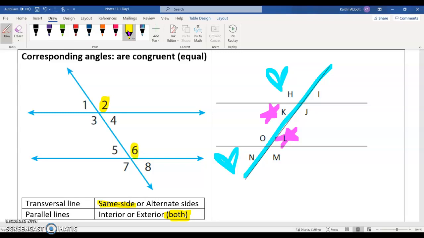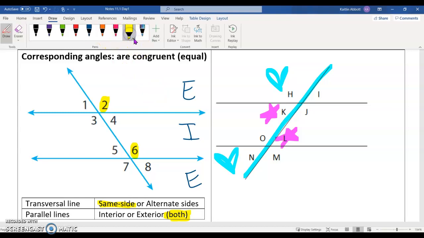They're on the same side of the transversal, but one is in the interior, inside. I should put an E for exterior. Exterior. Okay, so they're on the same side, and one is inside, in between, in the middle of the sandwich, and one's on the outside of the sandwich.